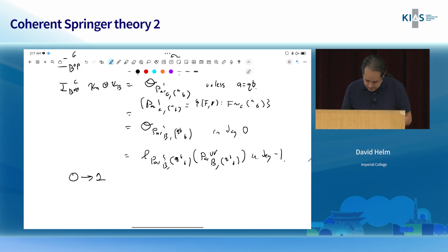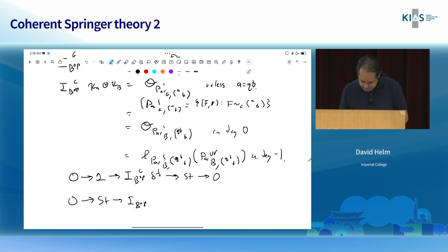So in particular, we have 2 exact sequences. 0 goes to 1, goes to I_B^op G delta to the 1/2, goes to the Steinberg representation, goes to 0, and 0 goes to Steinberg, goes to I_B^op G delta to the -1/2, goes to 1, goes to 0.